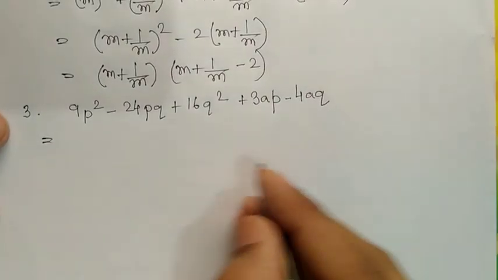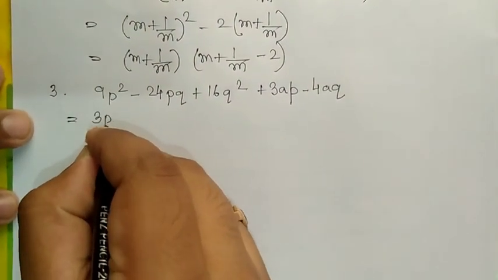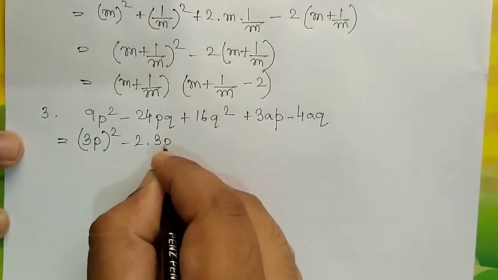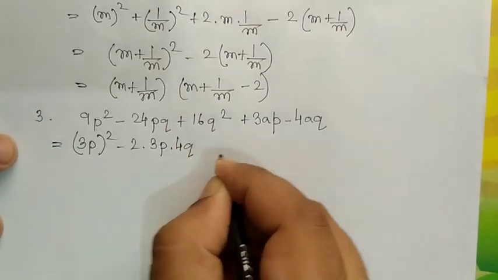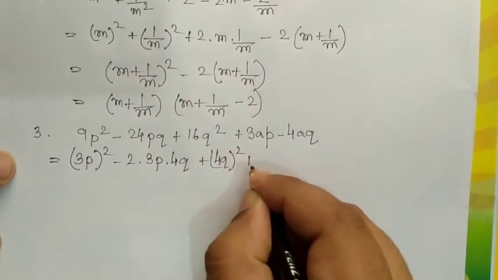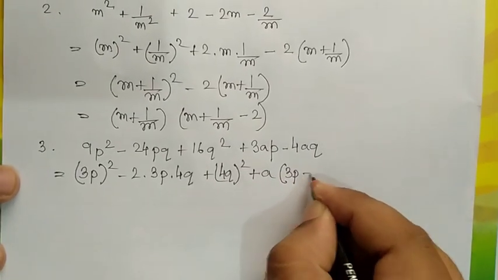This is sum number 3. 3p whole square minus 2 into 3p into 4q plus 4q whole square. Taking common a, 3p minus 4q.